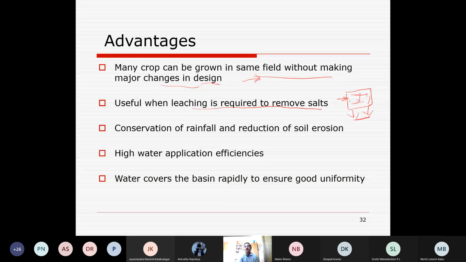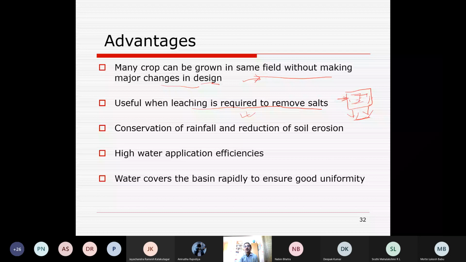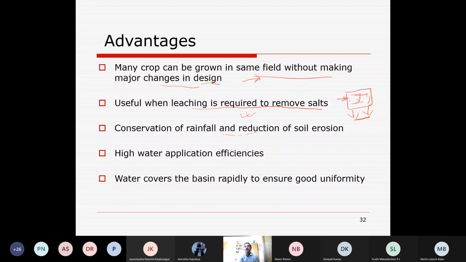Conservation of rainfall, just like a rain basin in the field. Any water generated as runoff around the tree is conserved here. So conservation of rainfall and reduction of soil erosion.